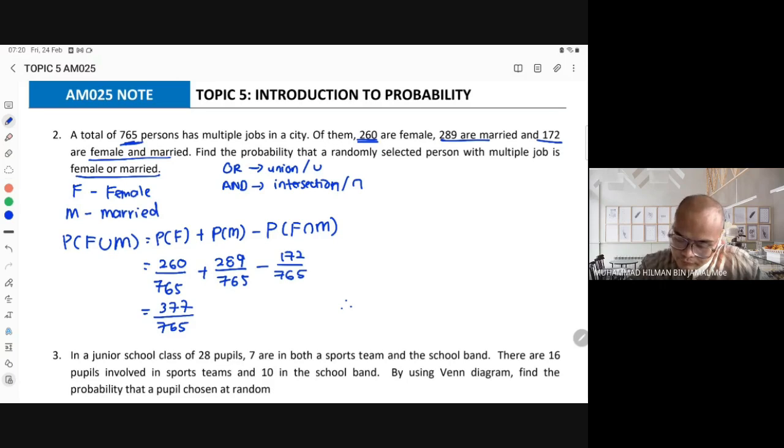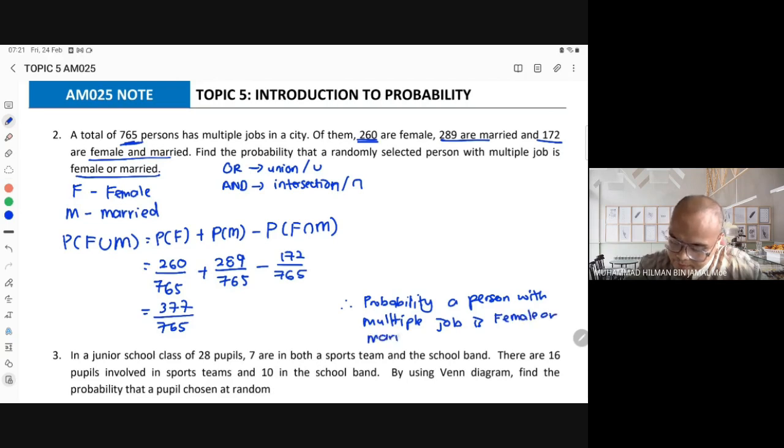Okay, so probability a person with multiple job is female or married is 377 over 765.